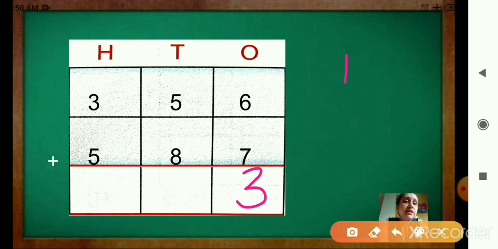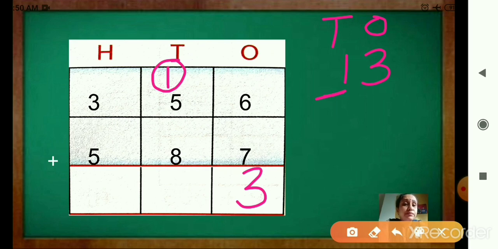Now see here, 13 is a 2-digit number, that is tens and ones place. So we will write 3 in the ones place. And what to do with this 1? This 1 will be carried over to the next place, that is the tens place. You have to put this carry over number on the top.